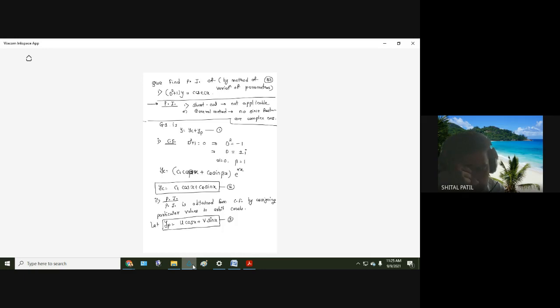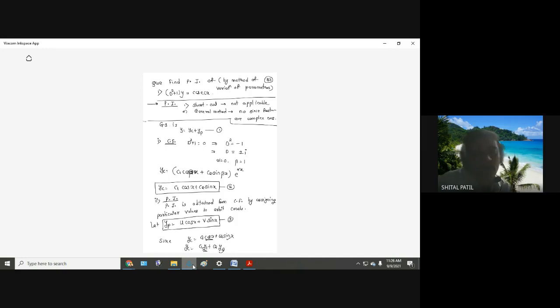So let me go to the next page. Now see what I'll do. I'll compare with equation number 2. Since y of c equal to c1 cos x plus c2 sin x, I'll compare that with c1 y1 plus c2 y2. So what is y1? cos x. What is y2? sin x.